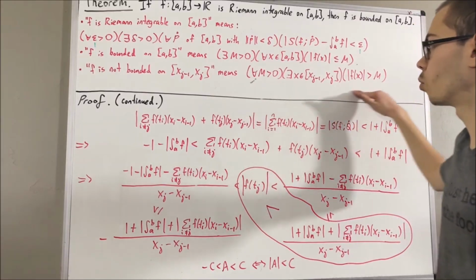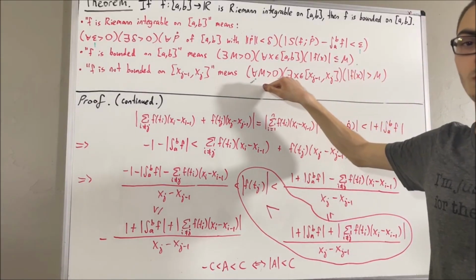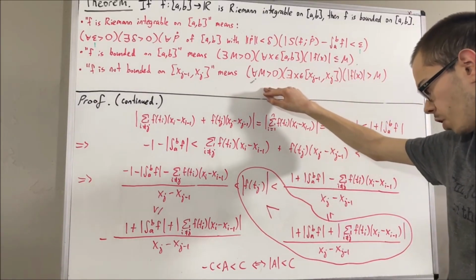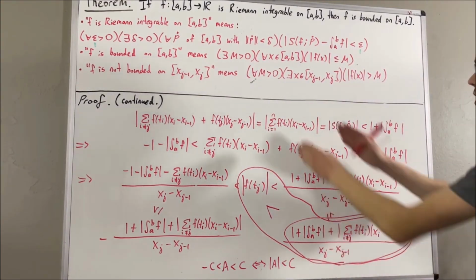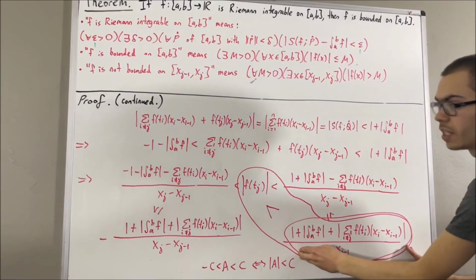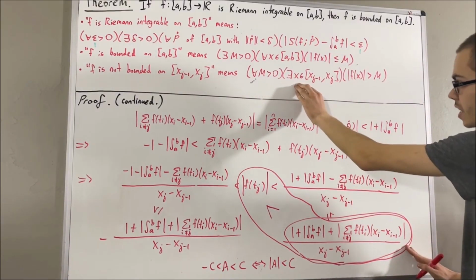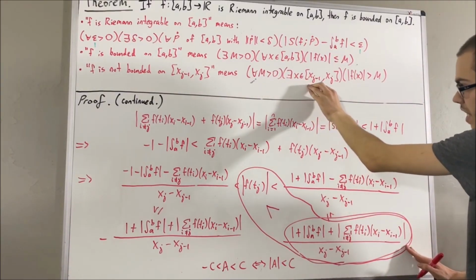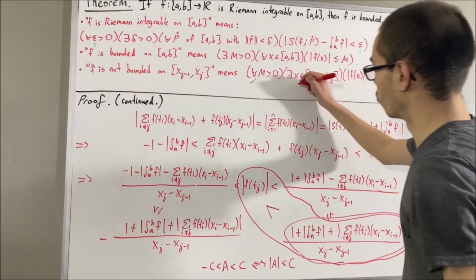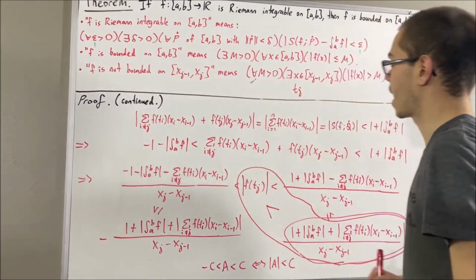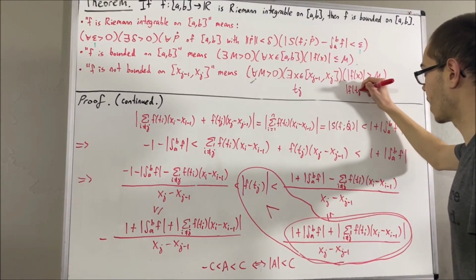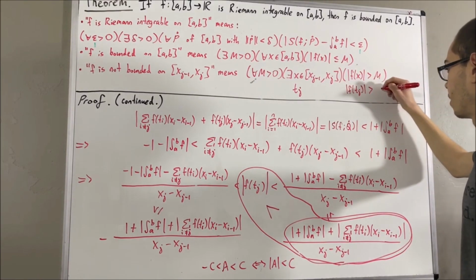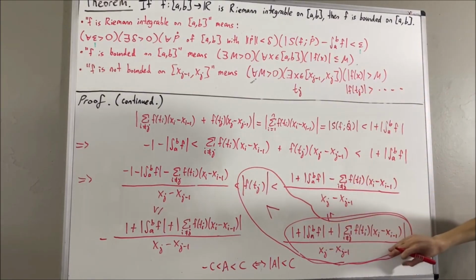So this statement works for every positive real number. In particular, it must work for the positive real number that we have right here. So taking m to be this quantity, there must exist an element in the jth subinterval, which we are going to take to be the jth tag, such that absolute value of f of tj is greater than this guy.